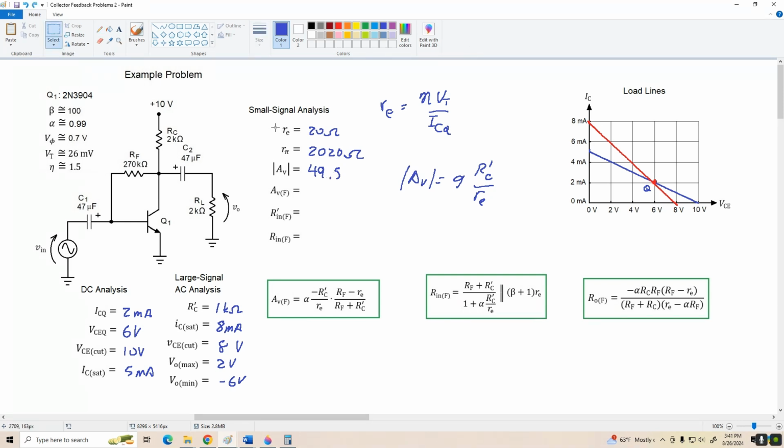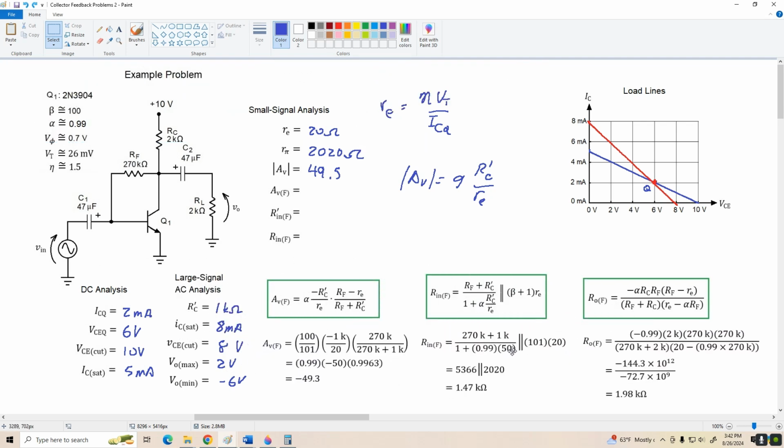Okay, next on the agenda is for us to determine AV with feedback, the input resistance looking into RF from the input side, and the overall input resistance, and the output resistance, which I haven't listed here, but I do have the equation. Now, I'm not even going to try and enter all these parameters into this terrible Microsoft calculator. It's just atrocious. So I've already calculated those ahead of time, and I'm just going to paste them here.